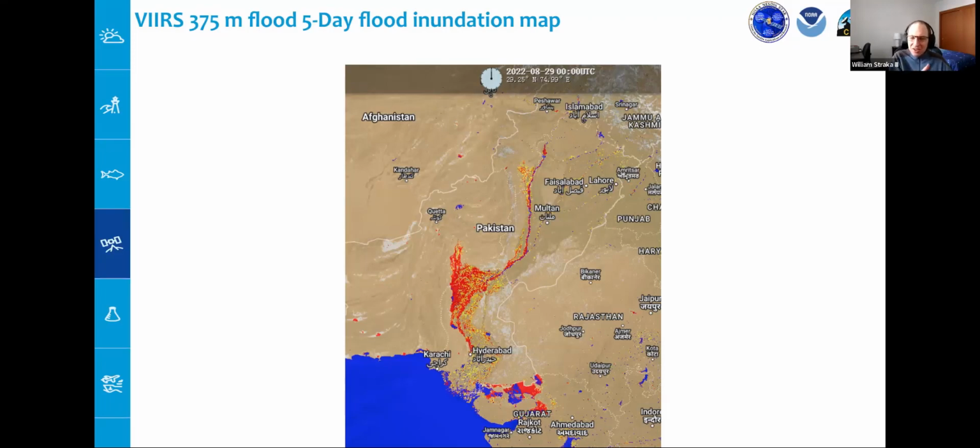We then can take 5 days worth of data and get that maximum flood extent over the last 5 days. This is particularly important because low Earth orbiting satellites don't necessarily have cloud-free days all the time. So to get the maximum impact, it's important to get a maximum flood extent.